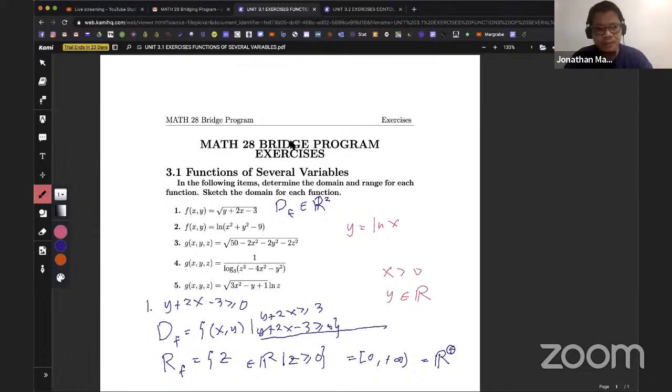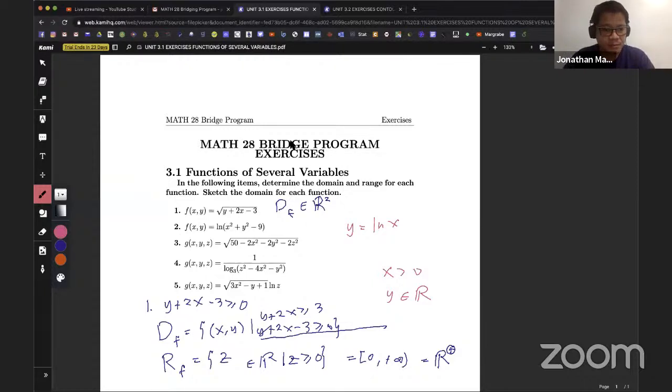So implicit na that x and y are real numbers. Hindi mo na kailangang isulat that x and y are element of R2. But wala namang masama kung isusulat mo that x and y should be an element of R2.